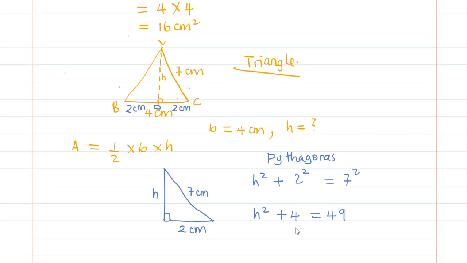Press the calculator and simplify the squares. Therefore, my h squared becomes 49 minus 4, I'm getting 45. And therefore here my height, I take the square root on both sides, okay? And therefore my height here becomes, press the calculator, square root of 45 should be 6 point something, 6.71.